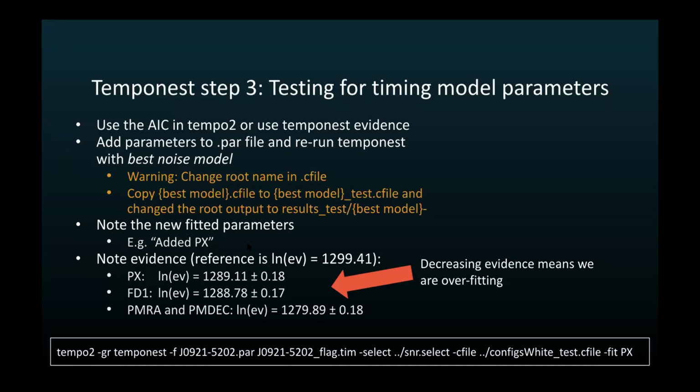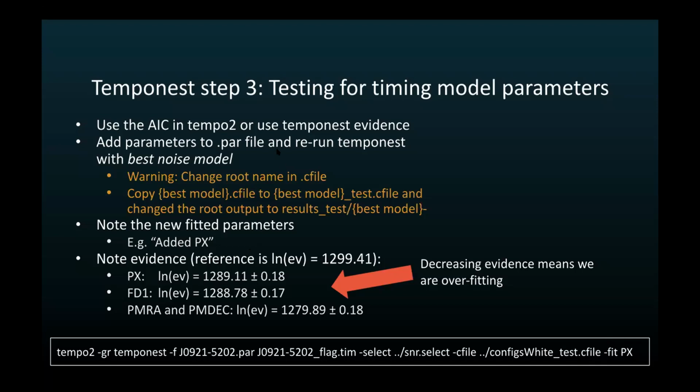That is, you add a new parameter to the par file, or you do it on the command line, which I mentioned before and I'm demonstrating here in this example. And then you see what happens to the evidence. And it's the same criterion. If the evidence increases by 3 or more, then there is support for that new parameter.